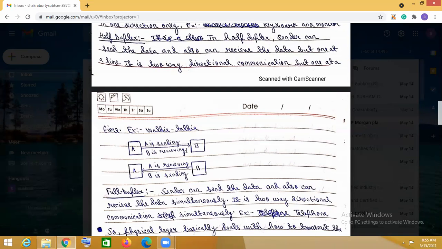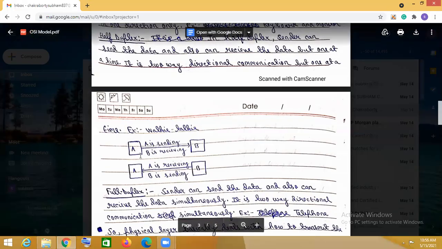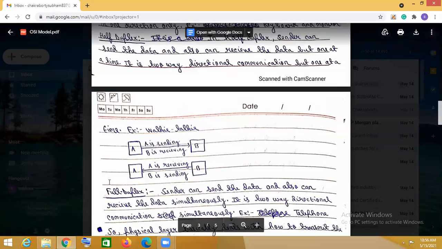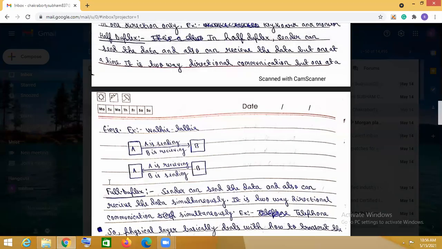That means when one is sending, the other device must only receive. Next, after receiving, B sends and A is receiving. So sending and receiving both can be done, but not at the same time. And the example is the walkie-talkie.